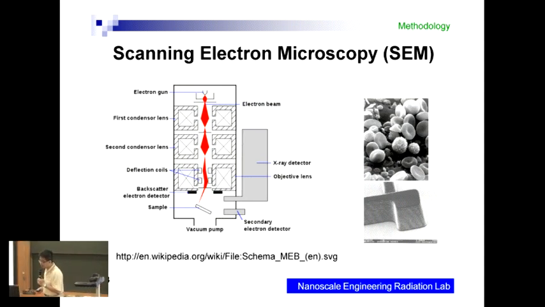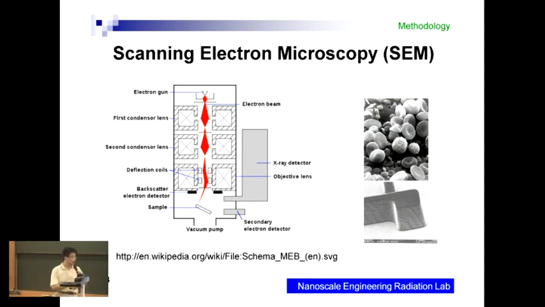And the left-hand side shows the principle. Basically, you have an electron gun at the top, and you hit it, generate an electron. And due to the field generated by those magnets, the electrons will focus and then shoot out your sample, and then bounce back, and then reflect out, or I would say scattered.